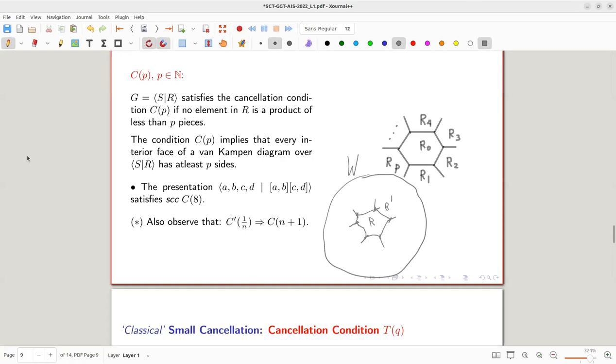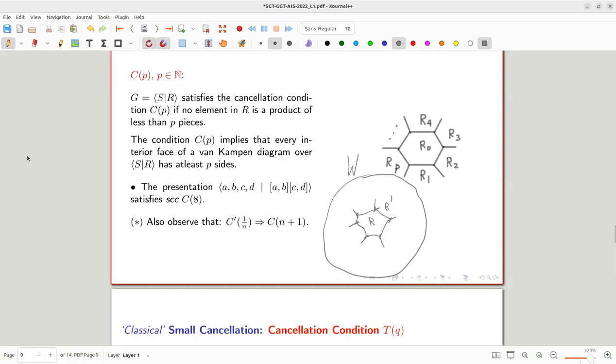So here, if all these are pieces, then how many edges, how many sides should this face have? It should have at least p sides, right? Because otherwise it will violate this condition. If I have, say, p minus 2 sides of this face giving me R, then that will violate the condition CP.